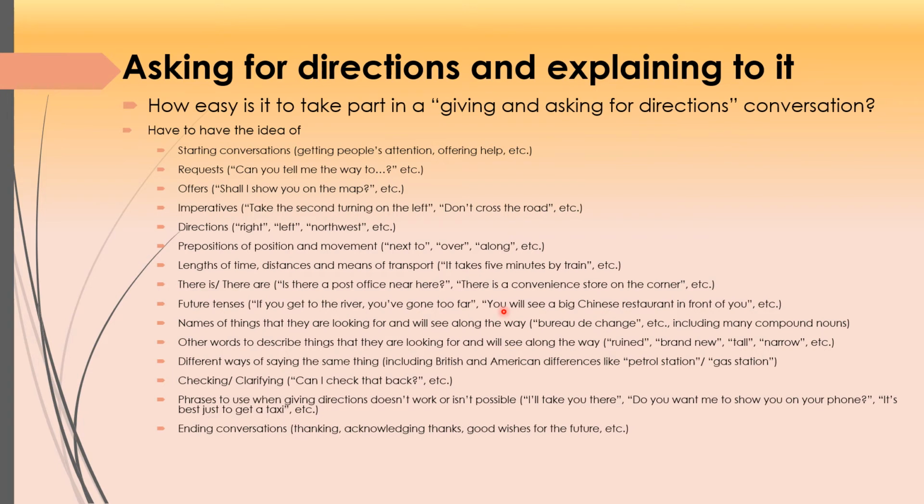So maybe you have given directions, but that person might find some wrong directions. So at that time you can make them aware of the situations which might come up at a later part. Names of things that they are looking for and will see along the way.